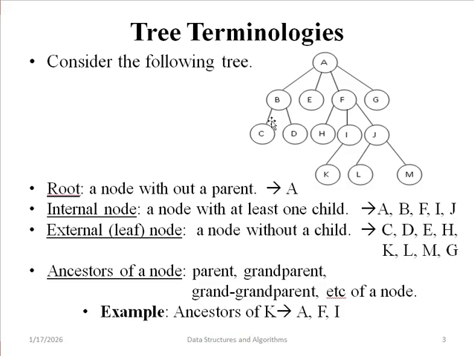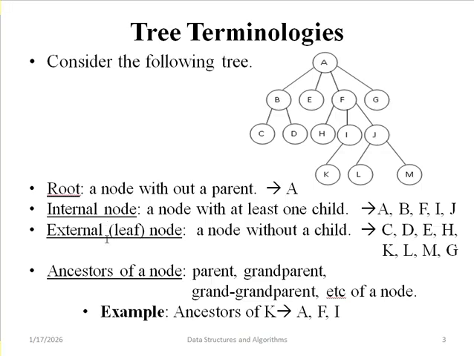B is an internal node because it has 2 children. E is not an internal node because there is no node below E. F is an internal node because it contains H, I, and J as its first children. I is also an internal node. J is also an internal node.